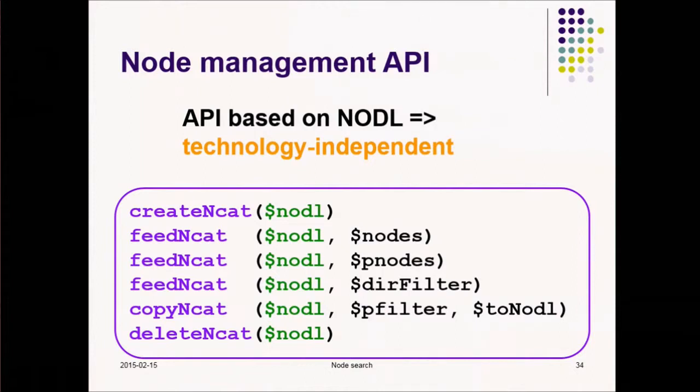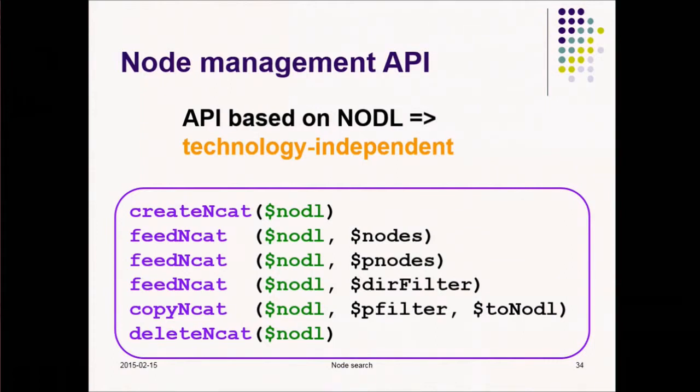So now we are ready for the collection management API. It gives us operations for creating and updating and deleting P collections. And note, please, that this API is technology independent. The trick is that every function has a nodal parameter. And this nodal parameter supplies the implementation with everything it needs to know about the collection.